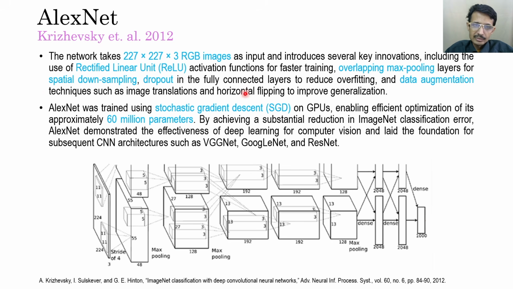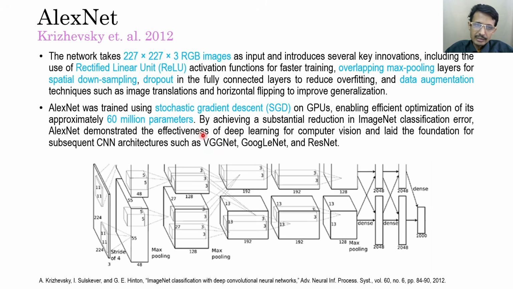So that is being used here on GPUs, which enables efficient optimization of its approximately 60 million parameters. You can understand, 60 million parameters, so it's huge. So it achieved a substantial reduction in image classification error.